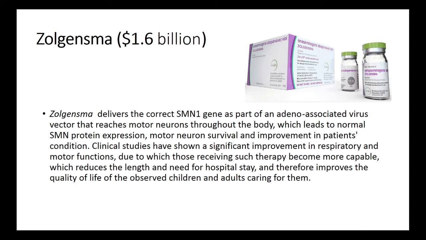And next, it is Zolgensma. For this you need to take $1.6 billion, and this is a construction of vectors built with an adeno-associated virus vector, which has a normal gene.